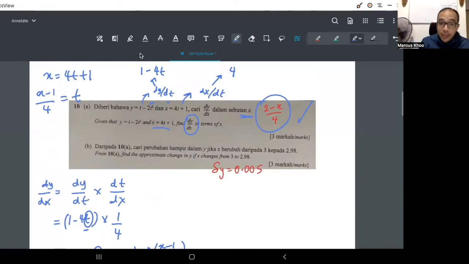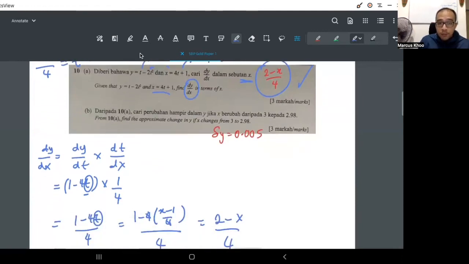Then from 10a, find the approximate change in y. The approximate change in y is del y, the squiggly d, if x changes from 3 to 2.98, which means del x: 3 to 2.98 means reduce.